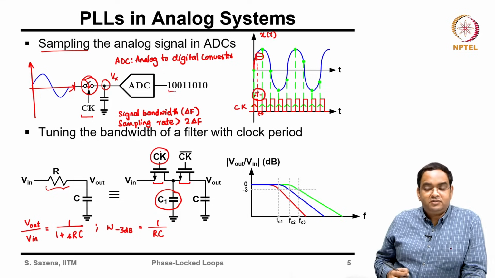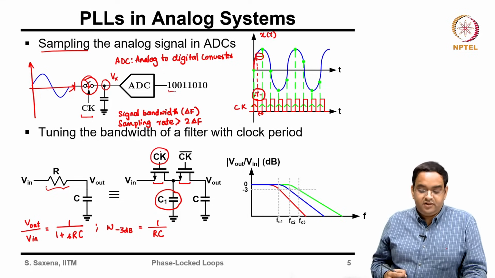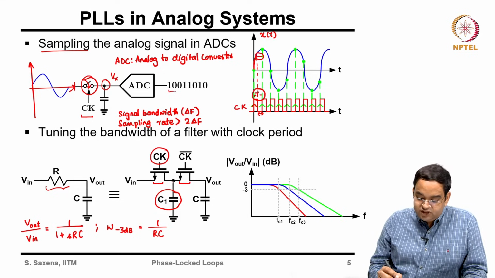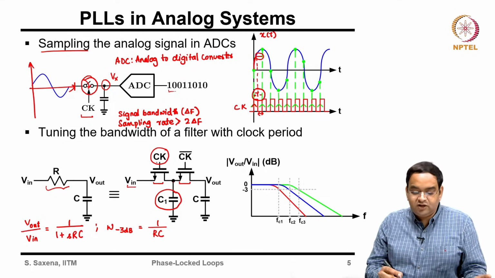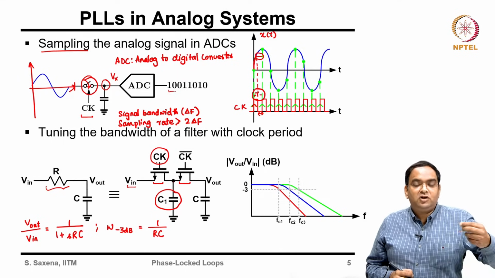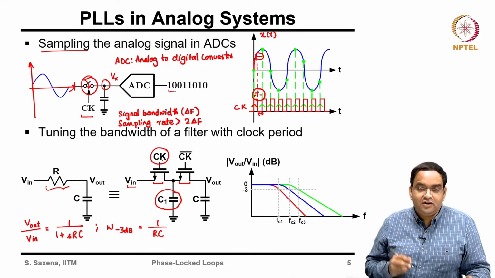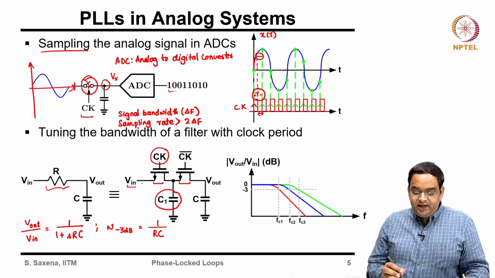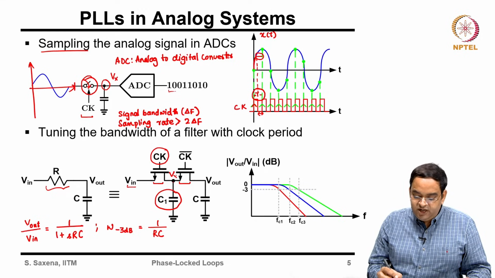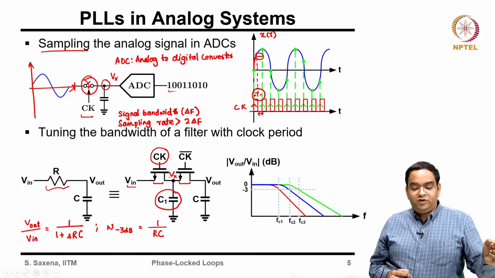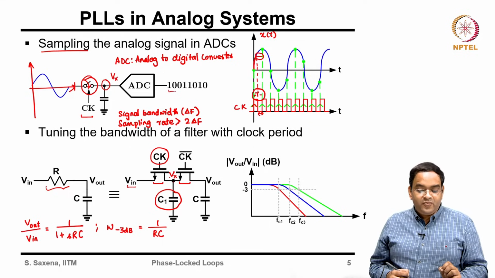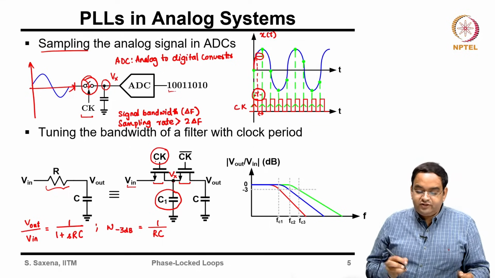When they replace the resistor, depending on the clock period, or you can say depending on the clock frequency, you will be switching this capacitor C1 to Vin on half the clock cycle, when the clock Ck is high, right. At that time, your intermediate node Vx will be connected to Vin.